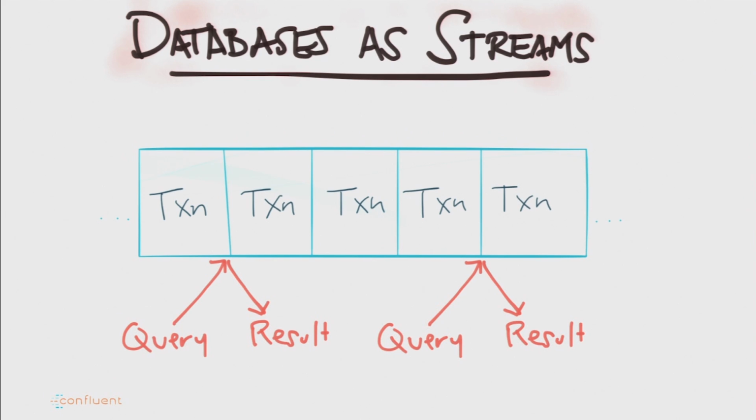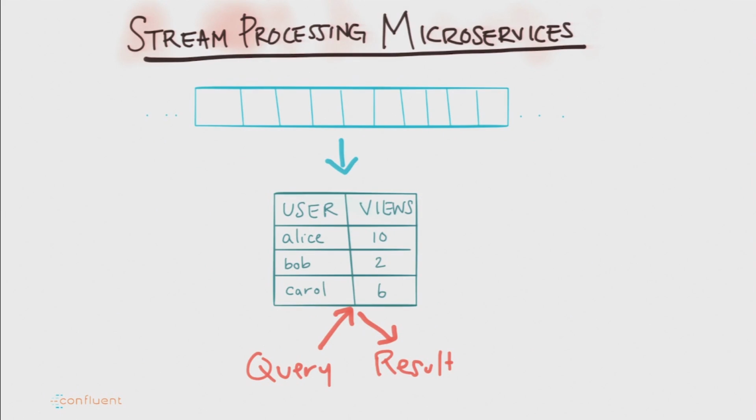Something that's probably a little bit closer to home, and something that you've probably implemented a number of times yourselves, are stream processing microservices. This actually looks a lot like the database, except you're implementing some of the pieces yourself. If we take that aggregation example, we can imagine accepting some input stream of events. This input stream of events might be something like external user requests. And then generating some intermediate aggregate result from that.